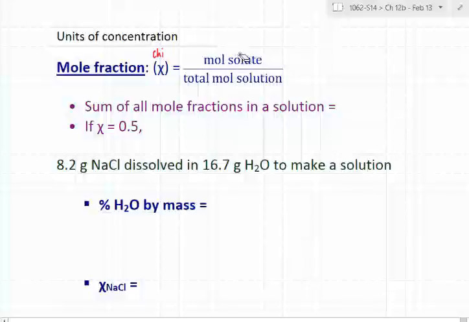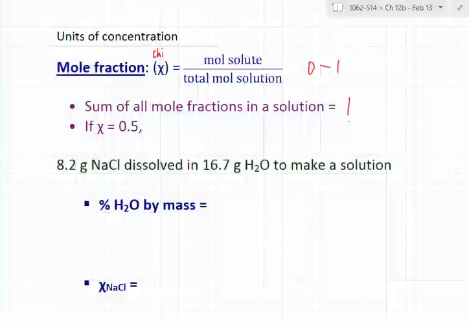If it was a pure substance, we would have 1 mole of solute, which is also 1 mole of solution, so mole fraction can only be between 0 and 1. So the sum of all the mole fractions in a solution is going to add up to 1. You can use that if you know the mole fractions of everything except the solvent. You could subtract from 1, or you could use that to check your work.